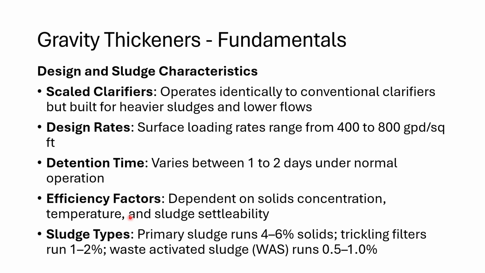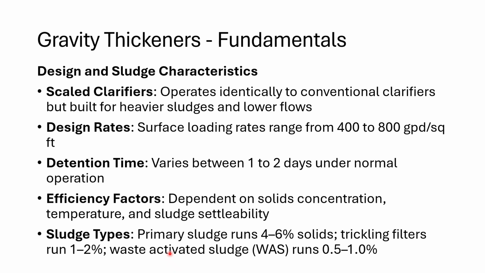And recall, with a trickling filter, we're basically pouring that wastewater over a rock, a filter composed of rock, and there's a little slime or biological coating that shows up on the surface of those rocks that are composed, or the filter media of our trickling filter. Well, the sludge coming off of that, rather than the 4 to 6% from a primary clarifier, you're looking at about 1 to 2% sludge coming off or formed from a trickling filter.